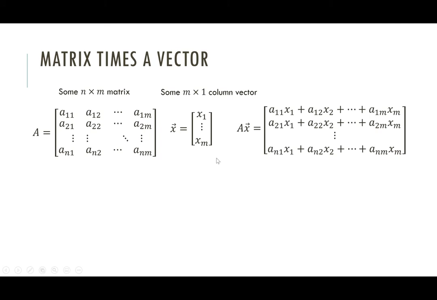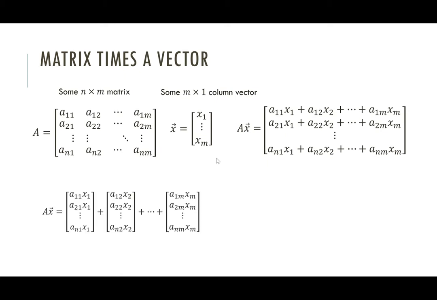Okay, so this is all what we've seen before, but now I want to do some manipulation to motivate a different way of defining the matrix vector product. First, notice that I just separated out the different terms that were showing up in the matrix vector product. The first term in this sum has an x1 in it.